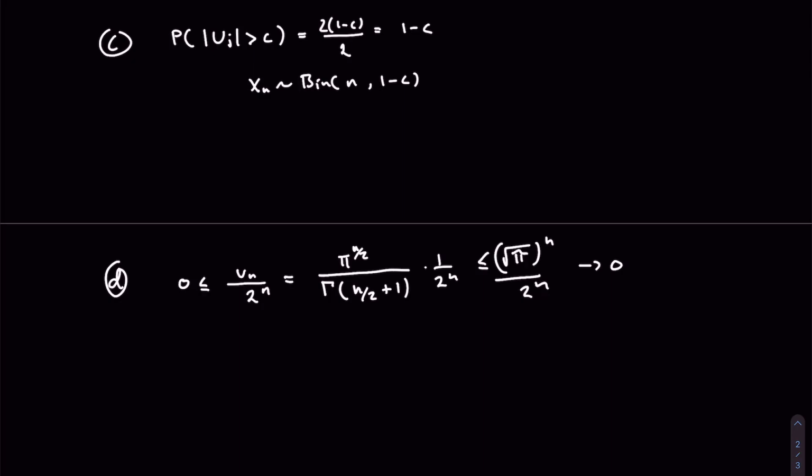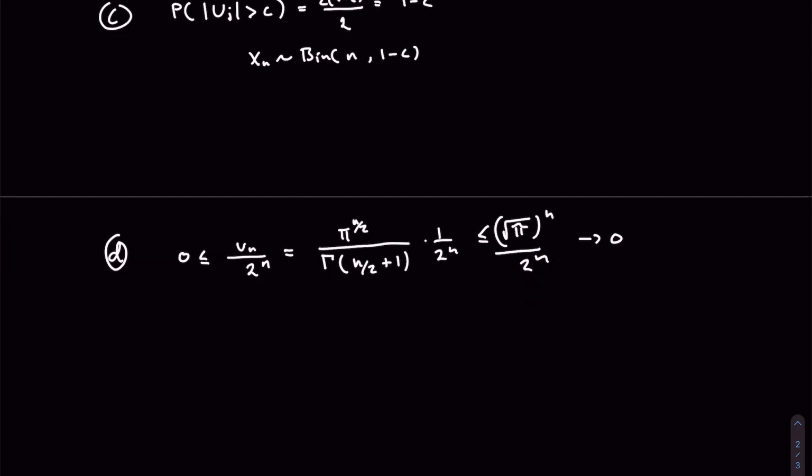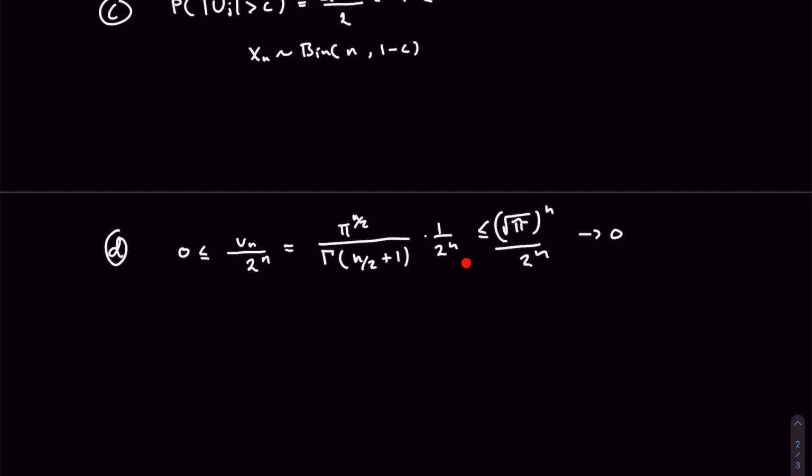We can see this already by looking at pi, which is 3.14, and even for n equal 2, this starts to outpace it. Imagine this going to 10. The denominator grows much faster in the end. So by squeezing this whole expression, this will go to 0 as n grows to infinity.